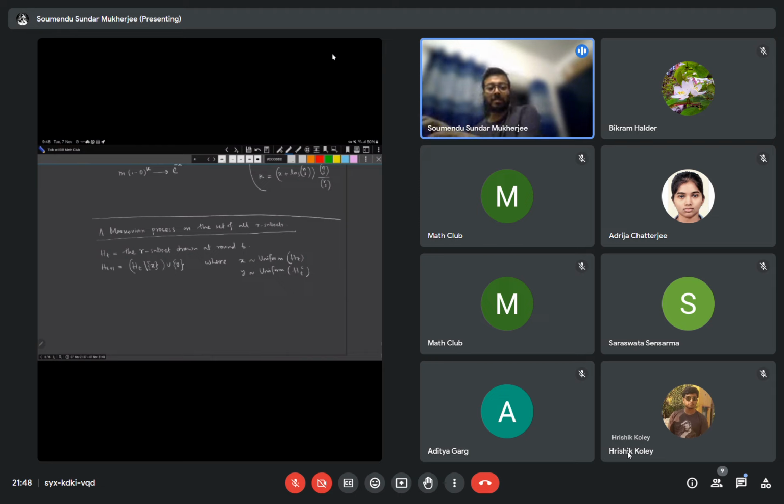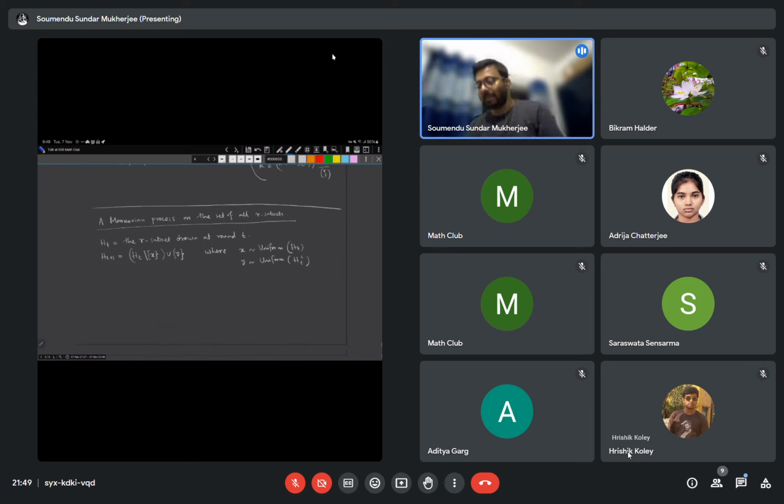I take one of the coupons in that bag at random and replace it with another random coupon drawn from outside HT. So this is how you get HT plus 1 from HT. The rest of the process is as before. You get this HT, you mark all the super coupons, that is S subsets, as collected. But instead of the previous independent dynamics, we now have a Markovian dynamics. So there is genuine temporal dependence.